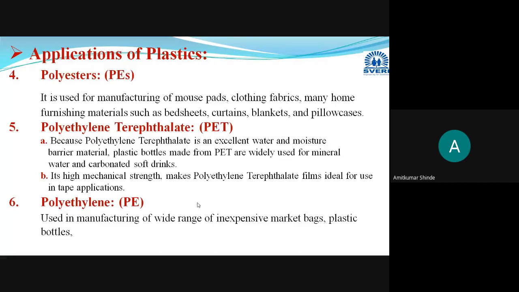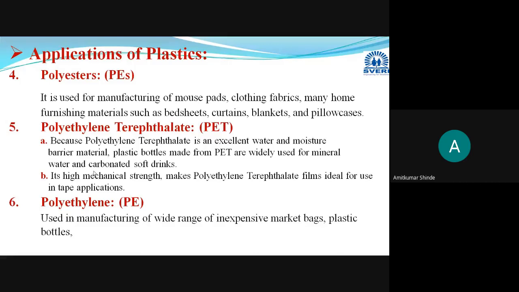These plastic bottles have wide applications. We use plastic bottles for storing water, as well as for storing soft drinks, carbonated soft drinks.